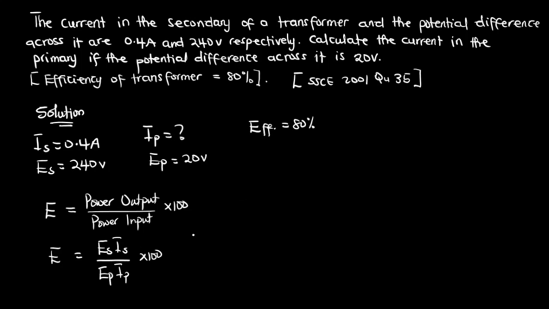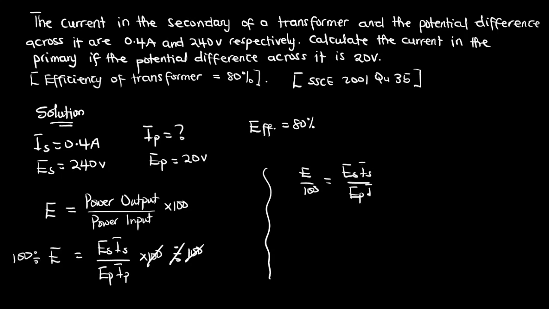Now this is the formula that we're going to use to solve our problem. If I want to use 80%, it means that this is already in percentage, so I can get rid of the 100 over here. So I'll divide both sides by 100, and this will cancel this over here. So basically my efficiency over 100 is equal to ES IS over EP IP.